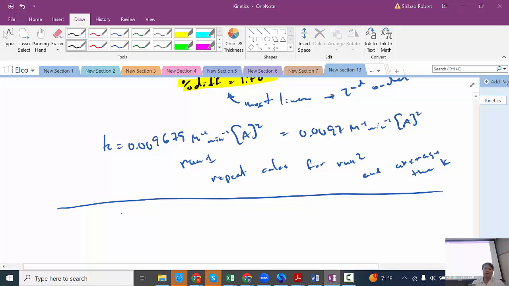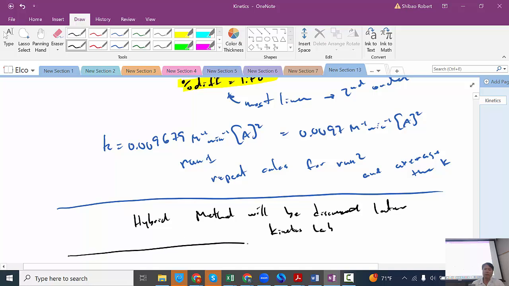The last method we have is the hybrid method. This hybrid method will be discussed later for the kinetics lab. We're going to do the kinetics lab using a hybrid method, graphical and method of initial rates, and one other method.